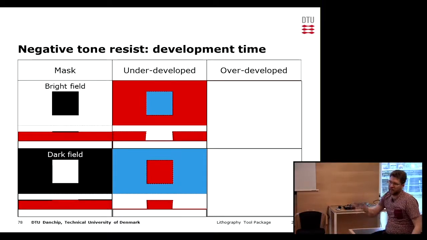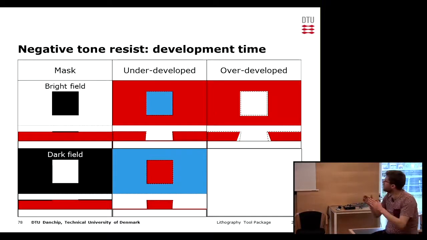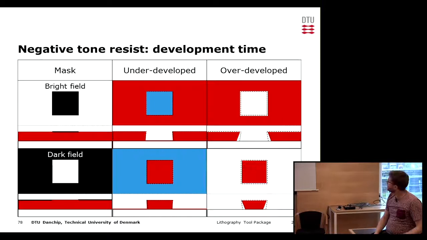We could maybe expect that it would be the same. In the extreme case, it will probably also eat and make the gap bigger, right? And it could also eat from the top and make the film thinner. So at least I've tried to illustrate that in that one. And then we can see here on the dark field design, a slightly smaller square, and again, a more pronounced negative sidewall angle. Okay, so that's all the way through the negative.